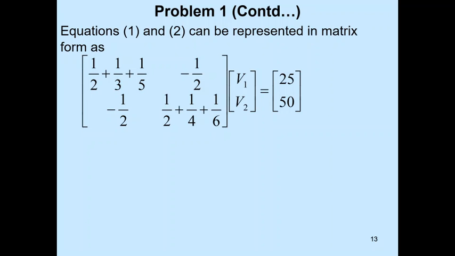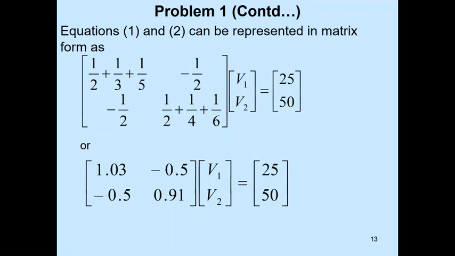So we can simplify this. 1 by 2 plus 1 by 3 plus 1 by 5 can be replaced by its decimal form, that is 1.03. Means 1 by 2 is 0.5, 1 by 3 is 0.333, and 1 by 5 is 0.2.